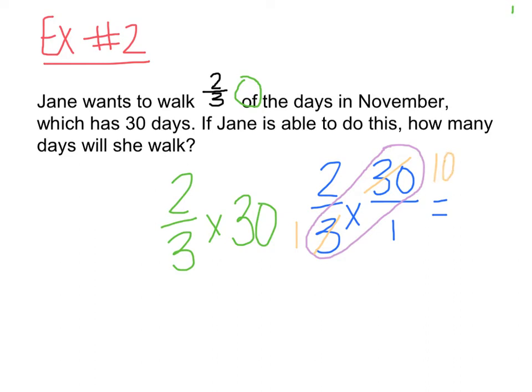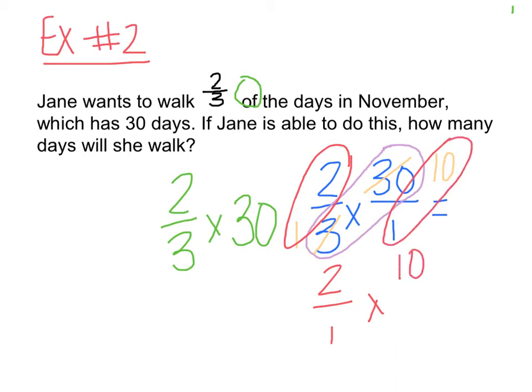And now I'm just going to rewrite my fractions with those new numbers. So now I have 2 over 1 times 10 over 1. Now you don't absolutely have to do that step. You could just multiply straight across, but it is going to make it easier. It's going to be smaller numbers for you to do.